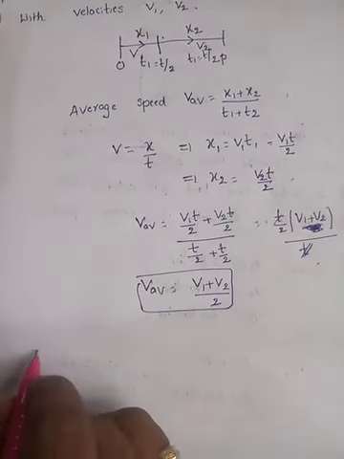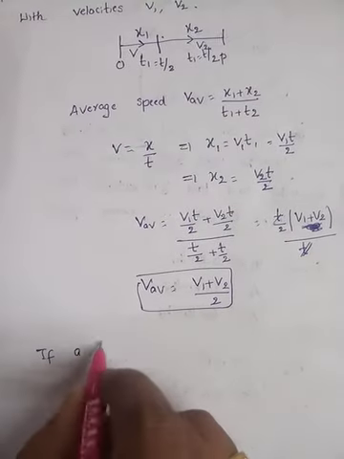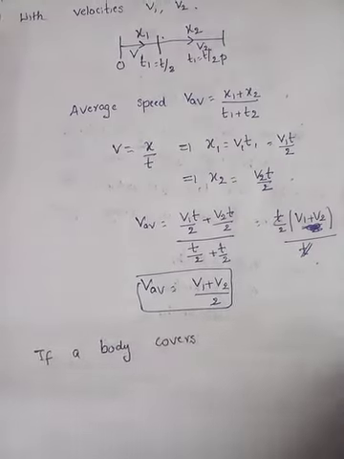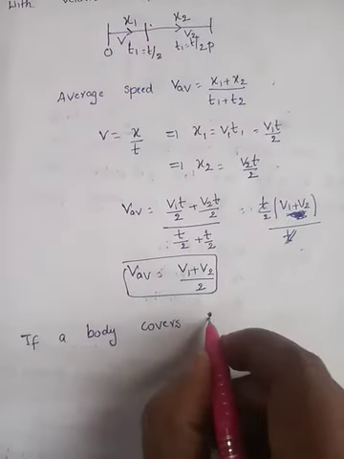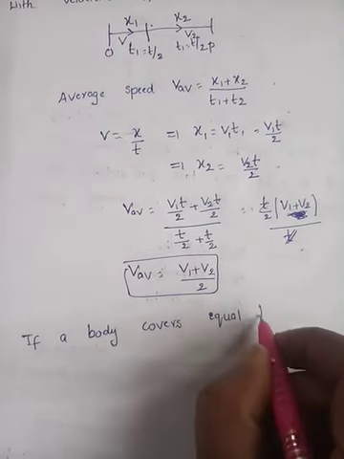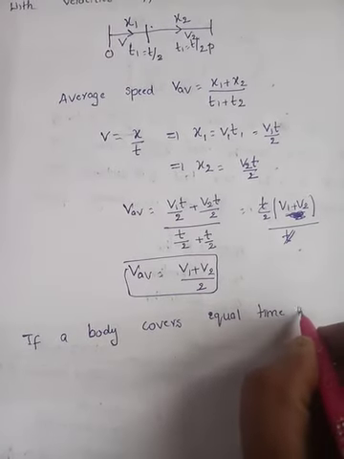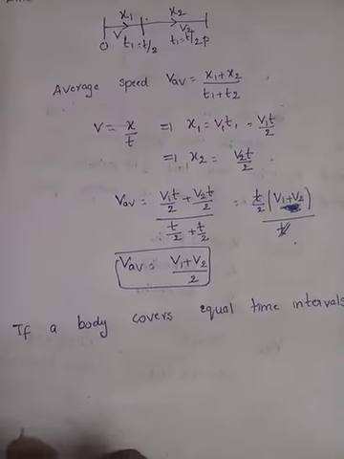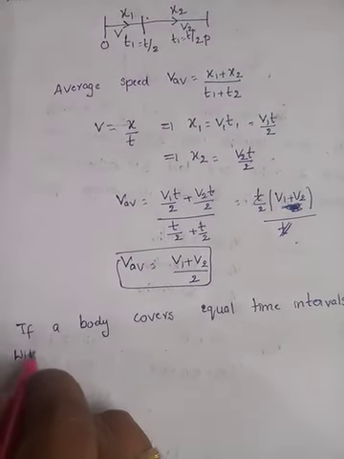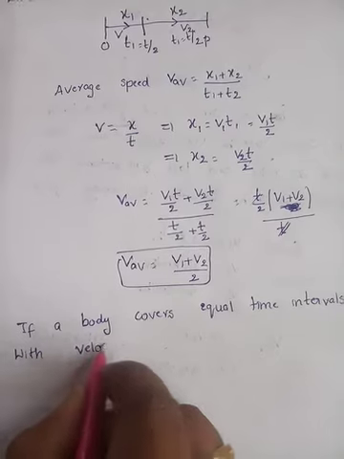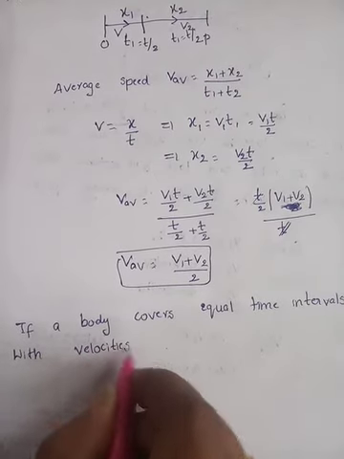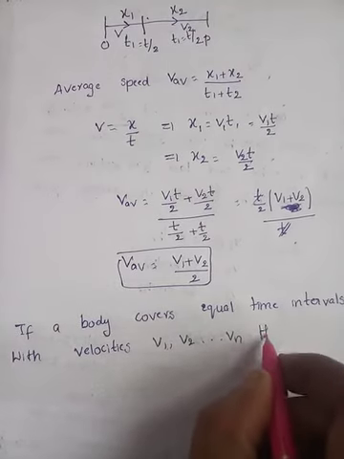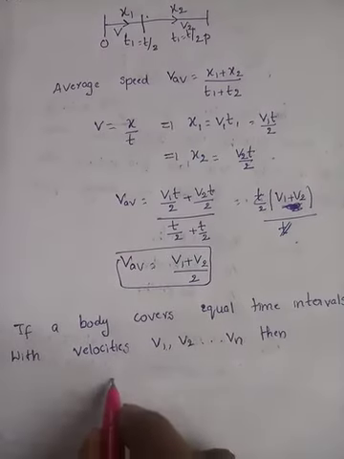Now if a body covers equal time intervals with velocities v1, v2 and so on vn, then what is the average speed?